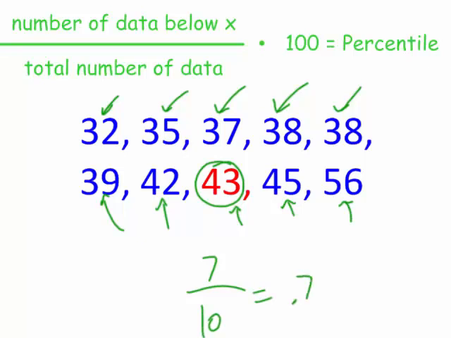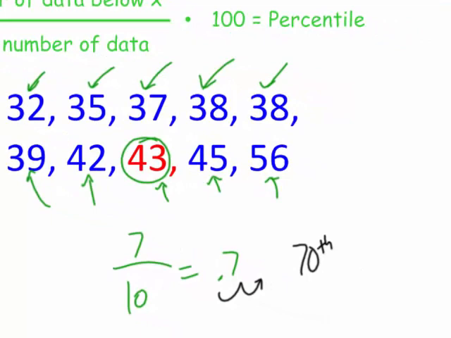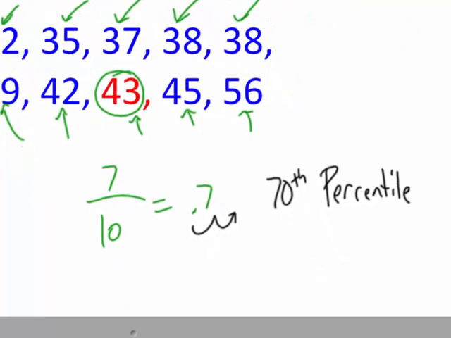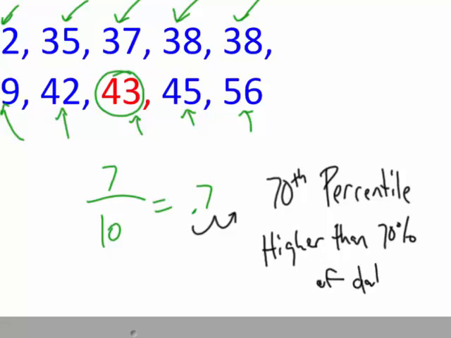And I multiply it by 100 or really move the decimal place 2 to the right to make it a percentage. But we don't say percentage here. We say this is the 70th percentile. It's higher than 70% of the data. So that's what percentile means.